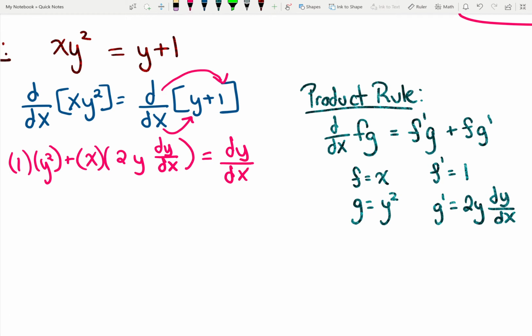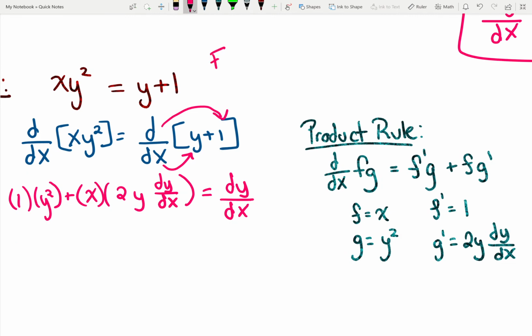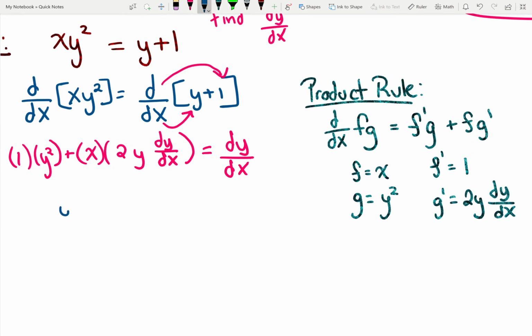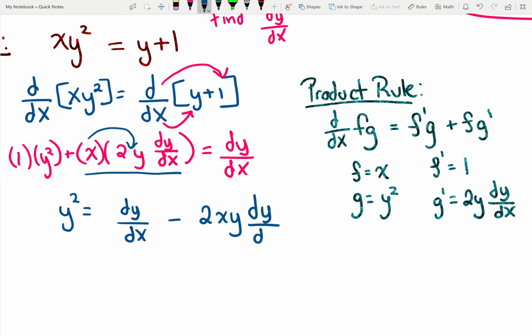Now what we have to do is remember what we're trying to find: dy dx. We have a dy dx here, and we have a dy dx over here. Let's see if we can combine them. Let's use some algebra. I have y squared equals, let's get this whole term to the other side, dy dx minus 2xy dy dx.